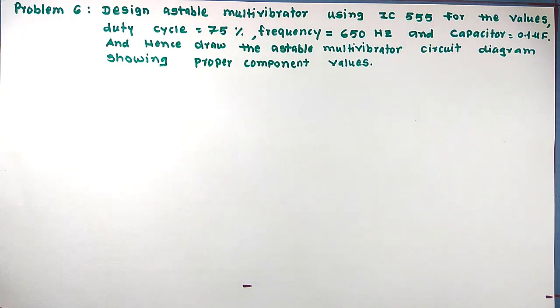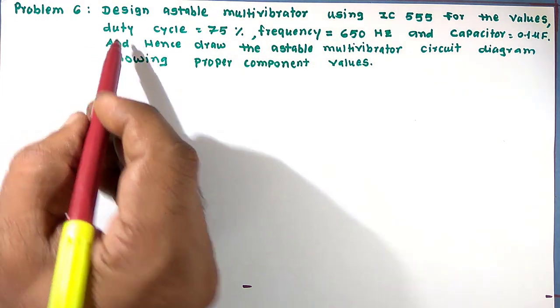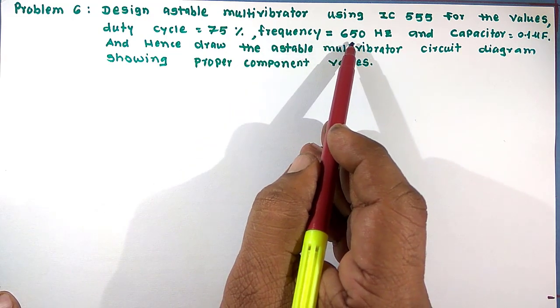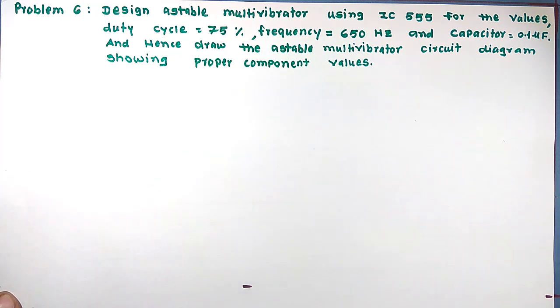Next problem is to design astable multivibrator using IC555 for the values duty cycle is equal to 75%, frequency is equal to 650 Hz, and capacitor is equal to 0.1 microfarad. And hence draw astable multivibrator circuit diagram showing proper component values.